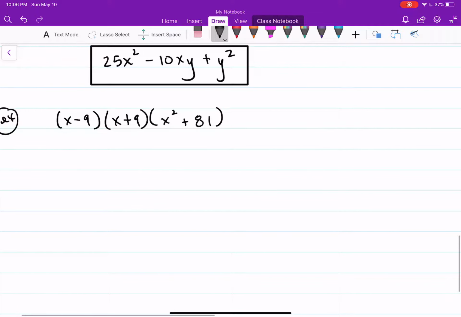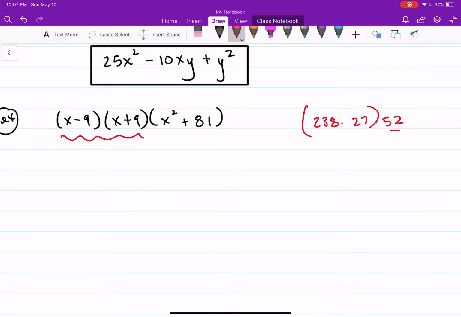Well, if I was to give you, for example, 238 times 27 times 52, right? If you didn't have a calculator, you would multiply these two first and then multiply by the 52, right? We are going to do exactly the same thing. We're going to multiply these two first, and then whatever the result is, multiply that, okay? So let's go ahead and do that.